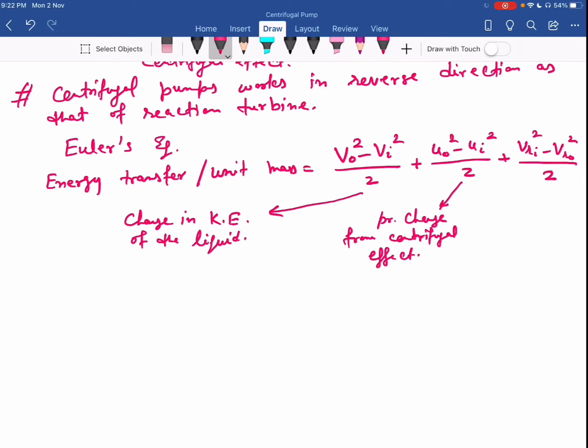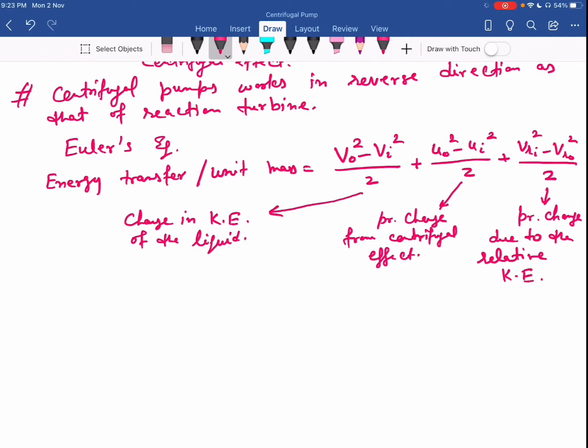And the third term represents the static pressure change due to relative kinetic energy. Okay.